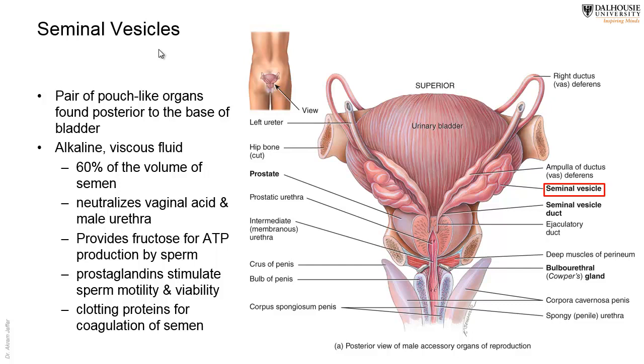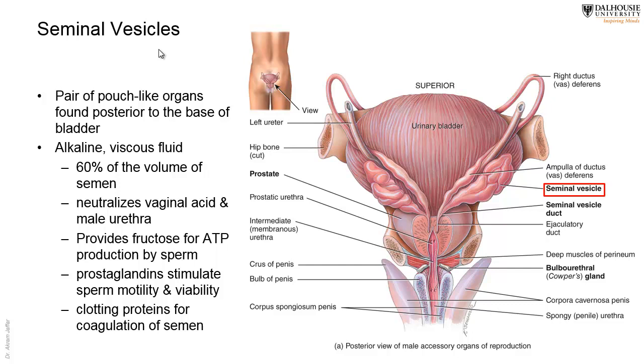Semen coagulates about 5 minutes after ejaculation. The reason is not so clear, because after about 10 or 15 minutes it liquefies again. The coagulation is produced by clotting factors that are present in the seminal fluid of the seminal vesicle.